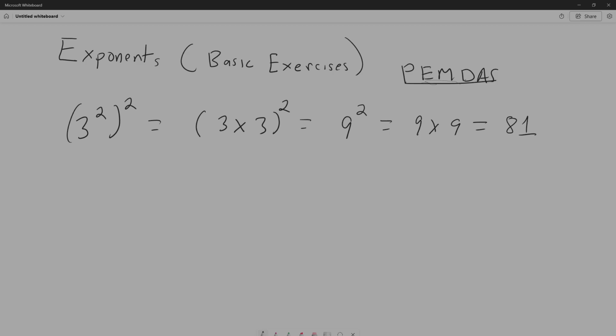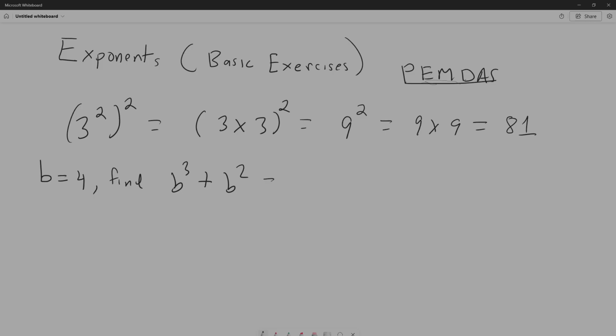Let's say you're given a problem that says b is equal to 4, and then you need to find b cubed plus b squared. So what you need to do in that case is plug in the 4 into the expression.